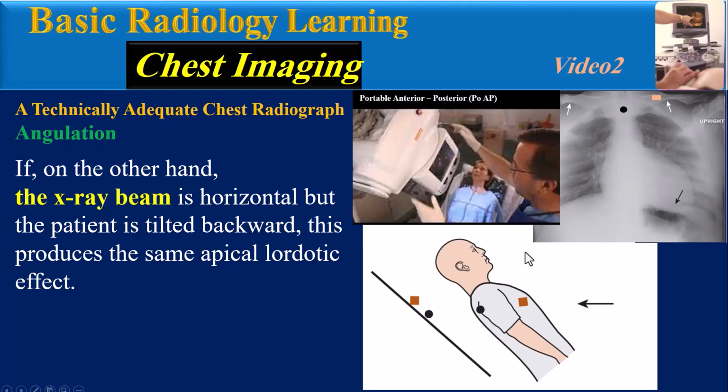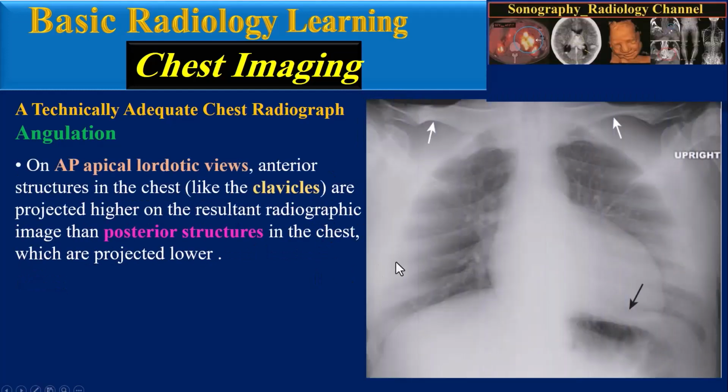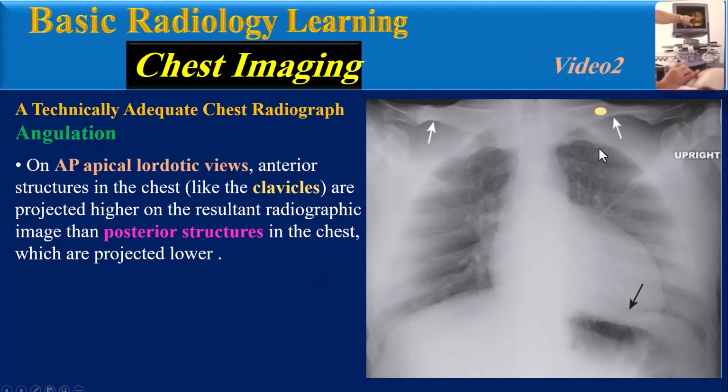Again, anterior structures like the clavicles are higher than posterior structures like the spine. As I explained, on apical lordotic views, anterior structures in the chest like the clavicles are projected higher on the resultant radiographic image than posterior structures like the spine, which are projected lower.